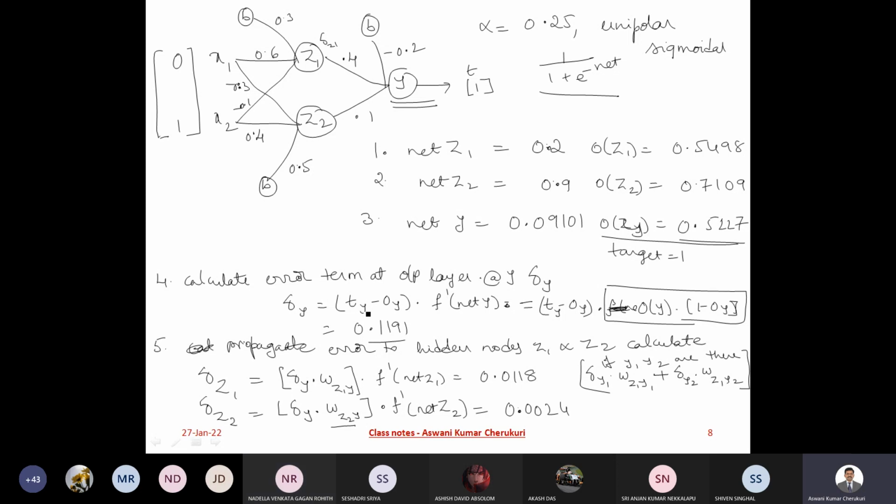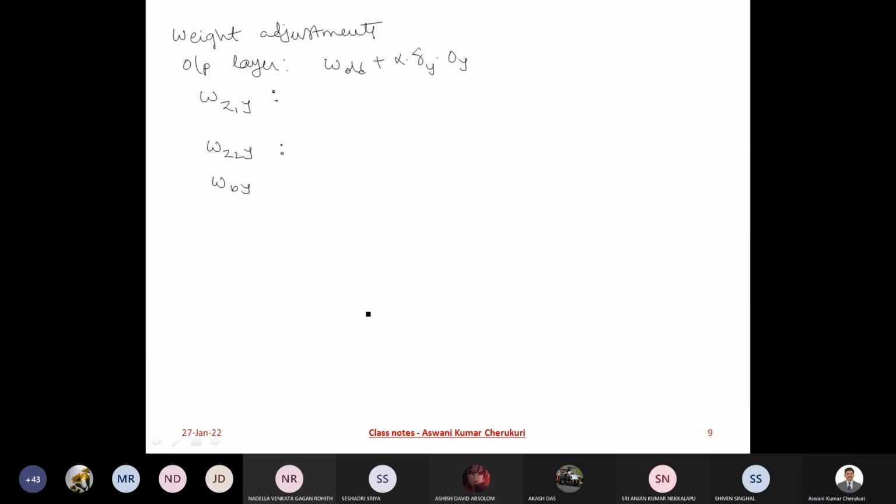One minute, first one minute, we will come to that. Mine is 0.4155. The new weight from Z1 to Y, right? Yes, sir. What is the weight from Z1 to Y? 0.4155.